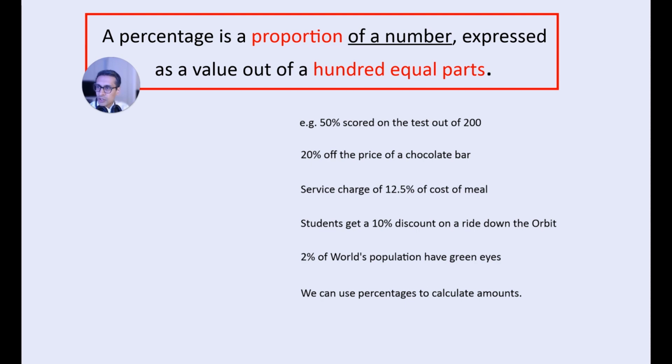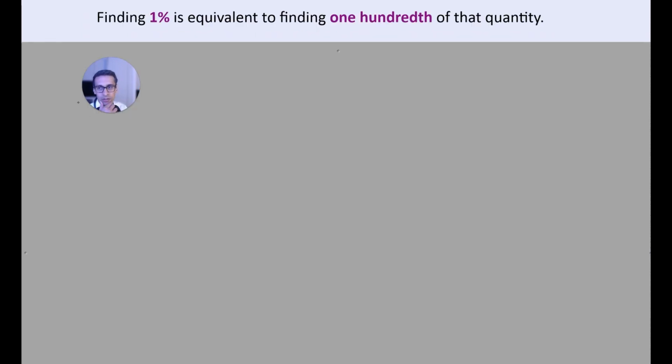So let's go into a few really useful calculations that will help us work out percentages. So to find 1% of something, it is usually quite easy to work that out, because what you want to do here is divide by 100.